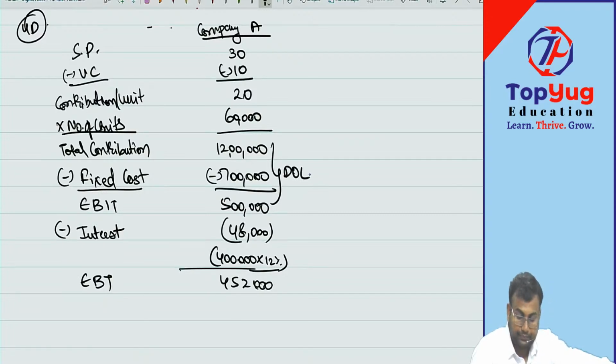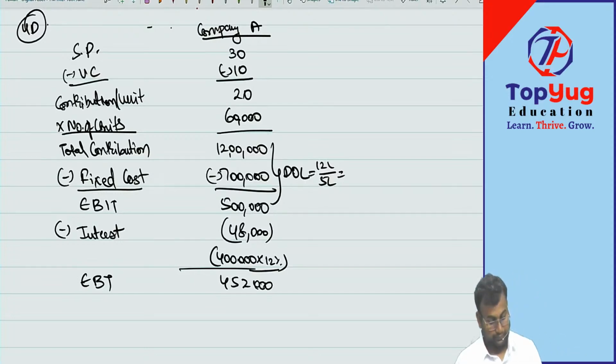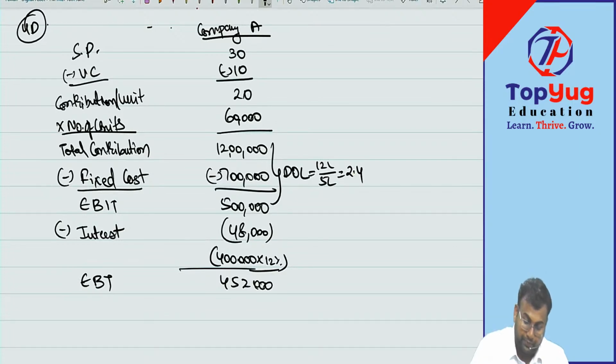DOL is 12 lakh divided by 5 lakhs. How much, dear? 2.4.